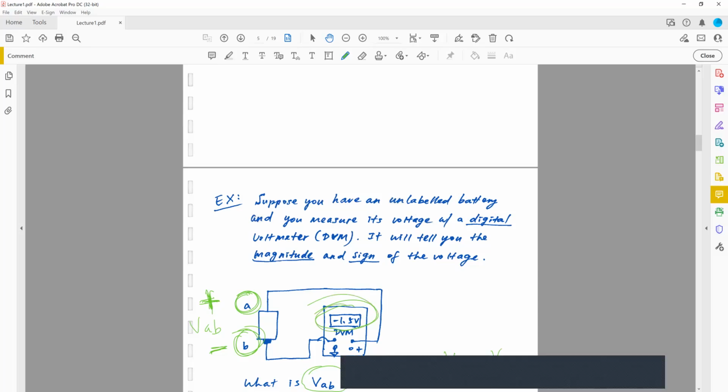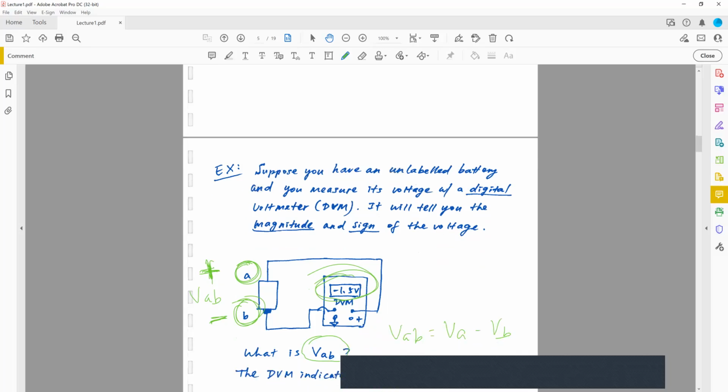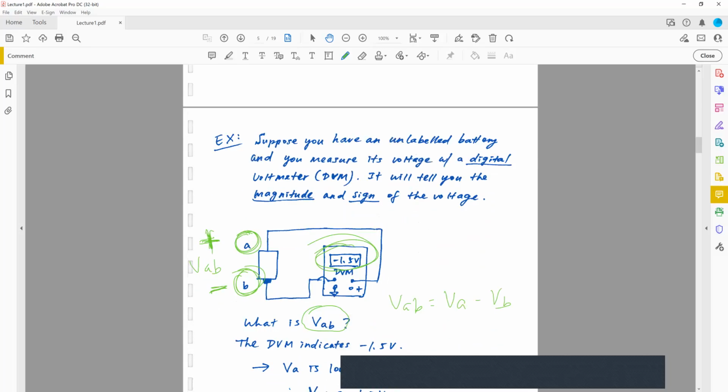Okay, I see minus 1.5 volts. So what does that tell me? It tells me that this VAB is simply equal to minus 1.5 volts. I'm just reading it off straight from the DBM. So what this also tells us is that VA, the voltage associated with this terminal, is lower than VB over here by how much?